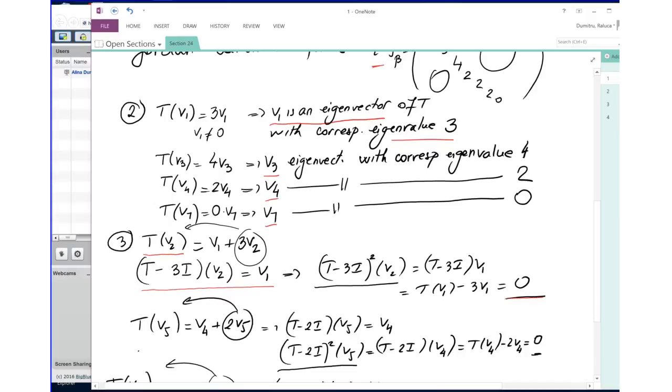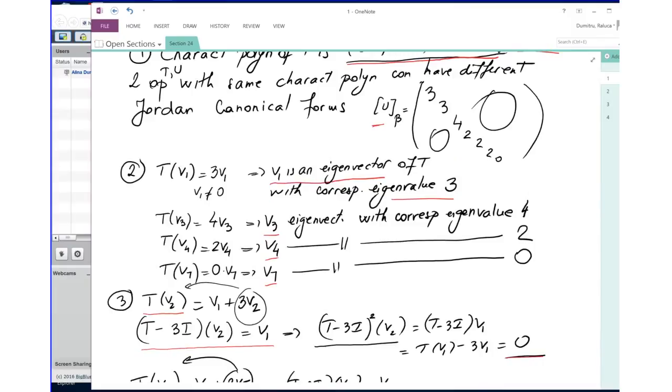So the idea is that whenever a vector is an eigenvector, this thing holds, right? Because for T of V1 equal to 3V1, you move the 3V1 to the left and rewrite that as T minus 3 identity of V1, and you get 0.